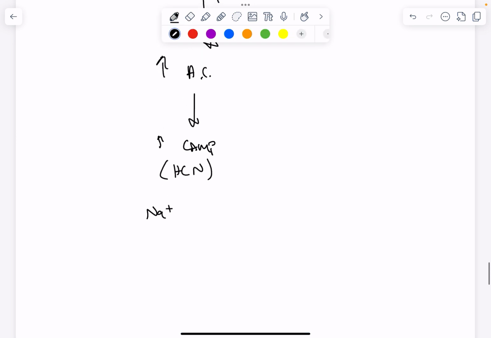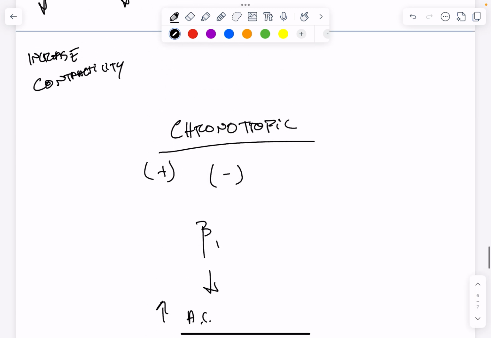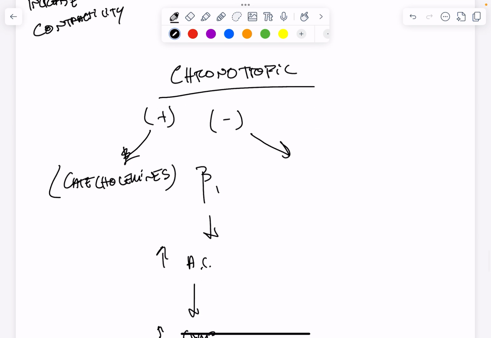The point is, positive is catecholamines, we'll just remember that. I don't want to draw this entire chart out right now, because I have to do another one of these. And then these are going to be acetylcholine or cholinergic. Your catecholamines are obviously going to be epinephrine and norepinephrine.